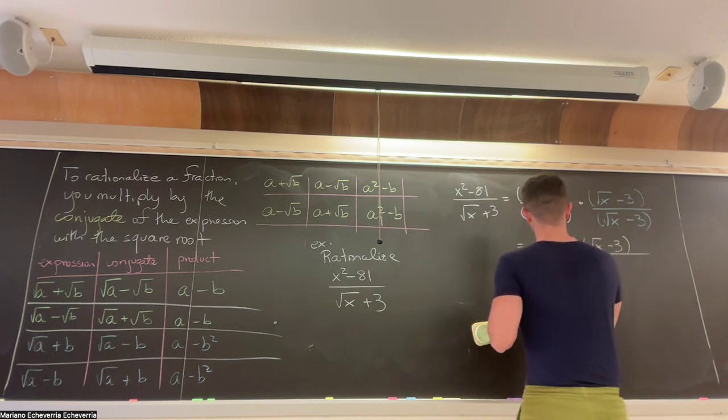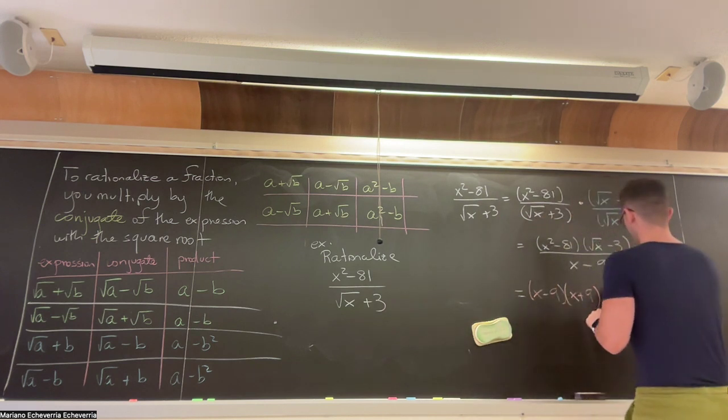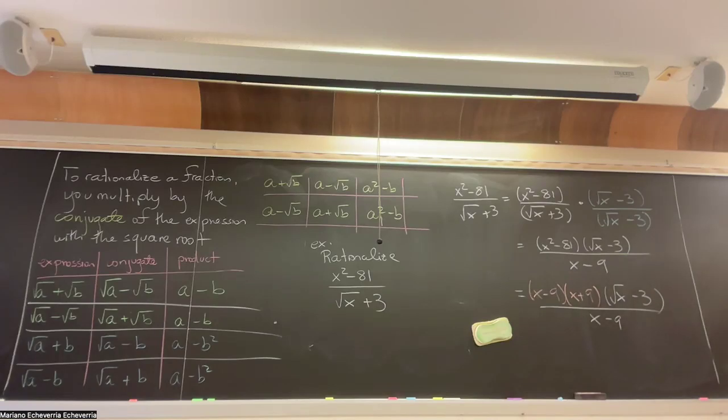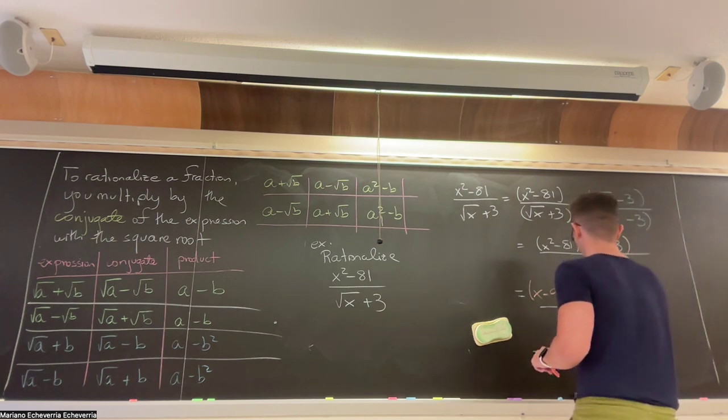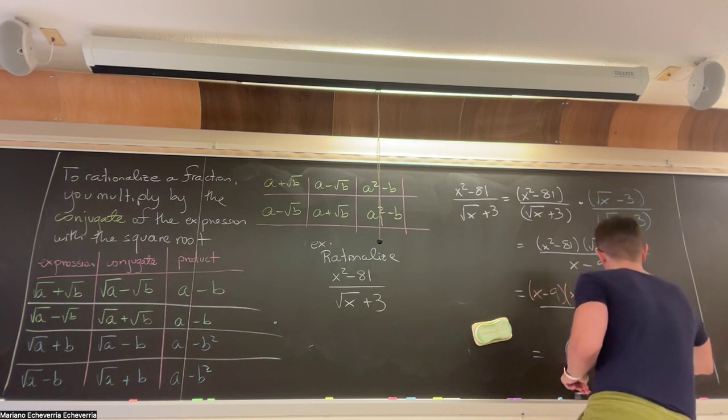And now x minus 9 is both in the numerator and the denominator. So that gives you x plus 9 and the root of x minus 3.